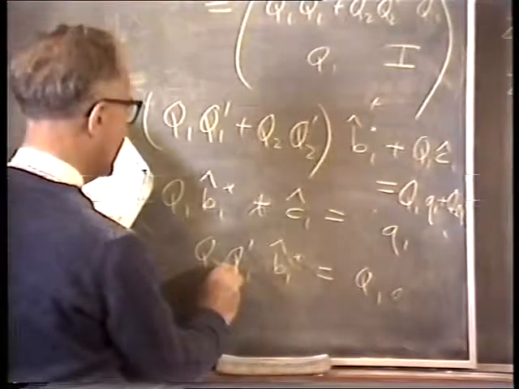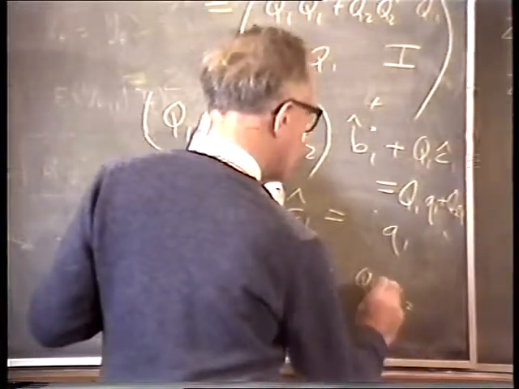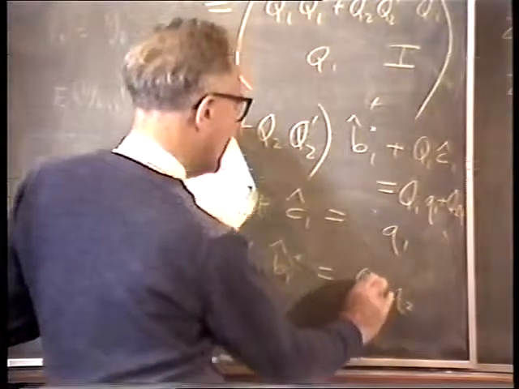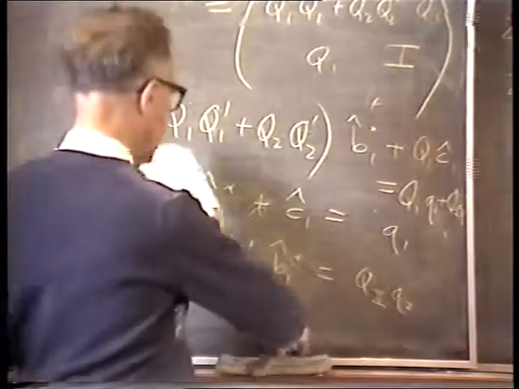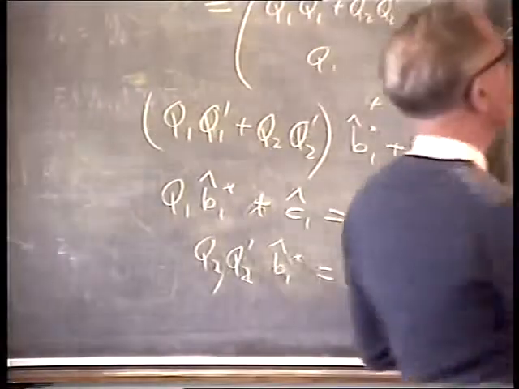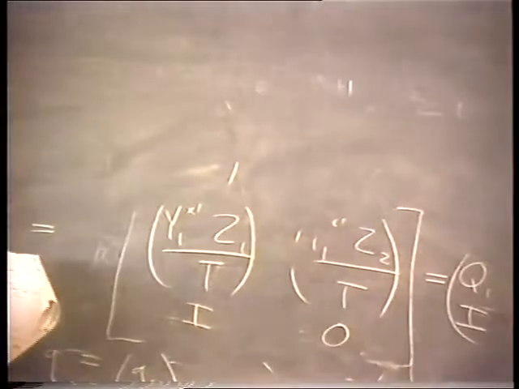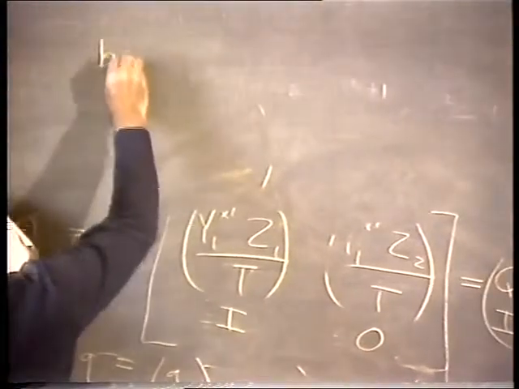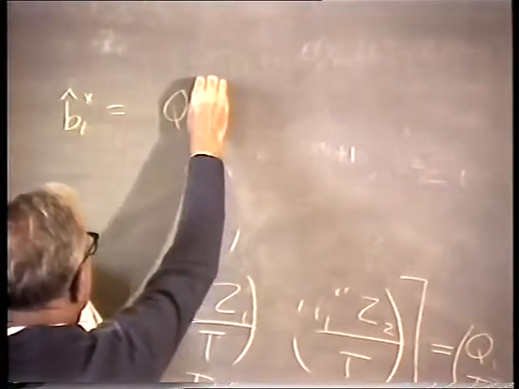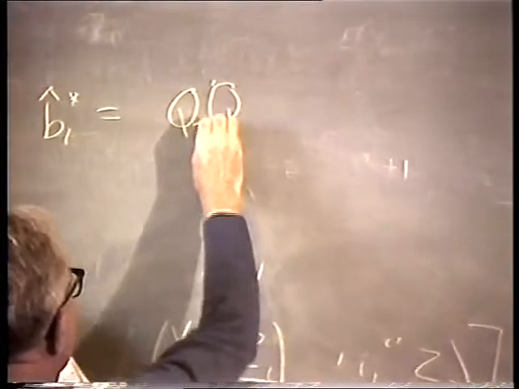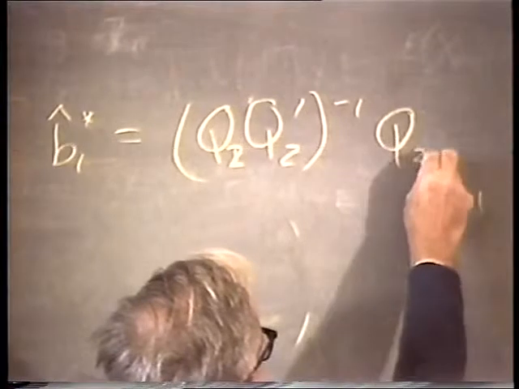I'm sorry, Q2 prime, Q2 prime, little q2. Or alternatively, we have the equation that B1 hat star is equal to Q2 prime inverse Q2 little q2.